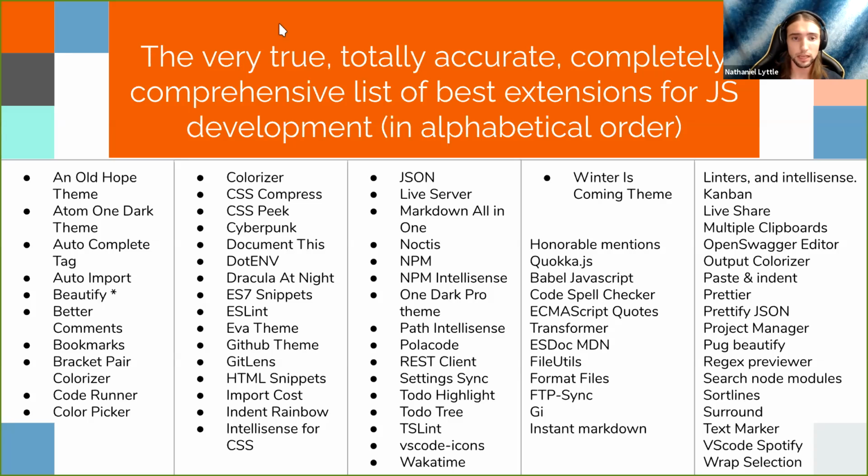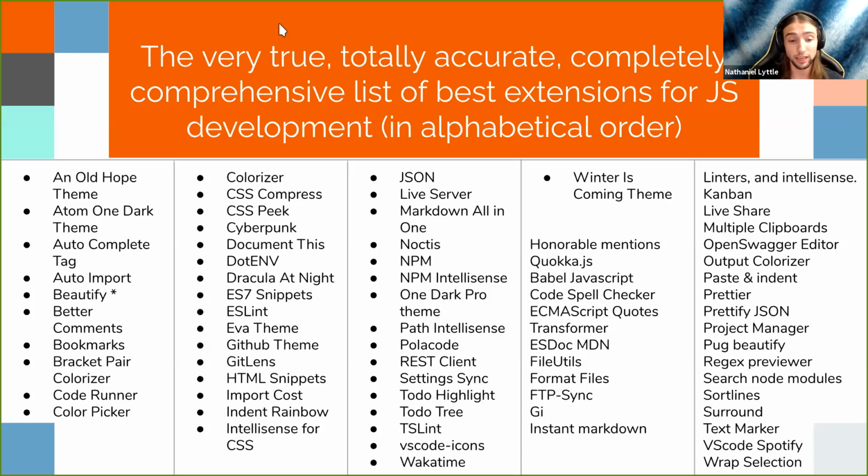VS Code Icons, having an icon pack, is basically like themes, but for your icons. Wakatime I've already mentioned. So those are the big ones out of this list that I think are useful for me. Those are the ones that, if you told me to strip this list down, I would choose to keep.